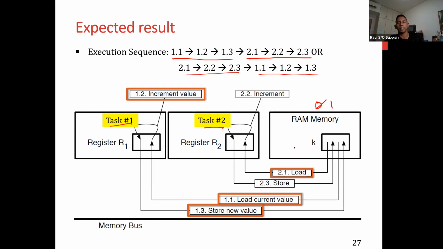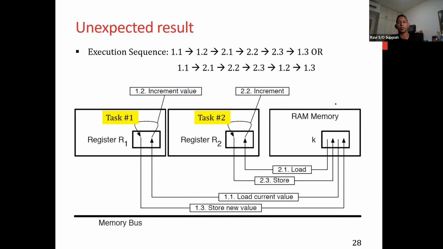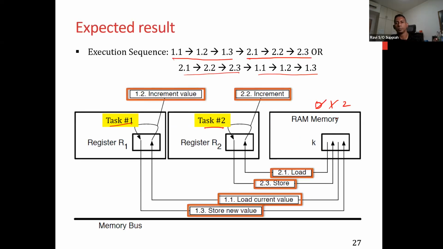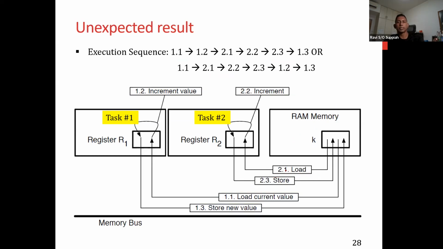Then task 2 does all 3 steps: I load the 1, increment, then store back, so it becomes 2. That is of course an ideal situation, where I complete all of task 1 and all of task 2, or all of task 2 and all of task 1. Now let's look at what happens if suddenly there is a context switch in between.